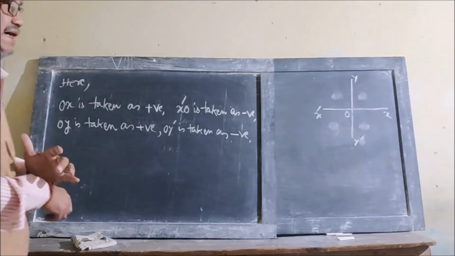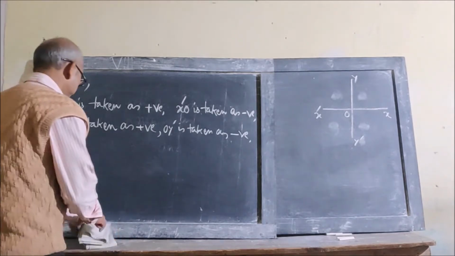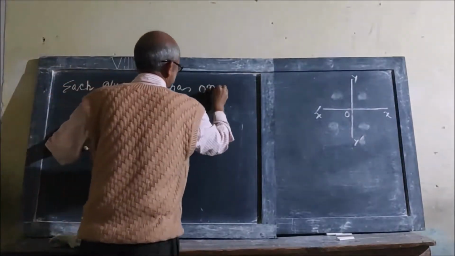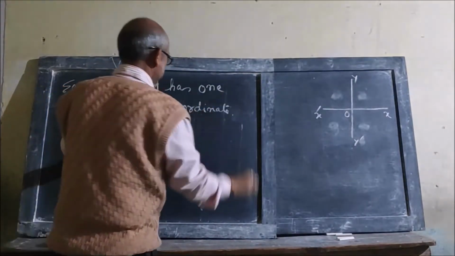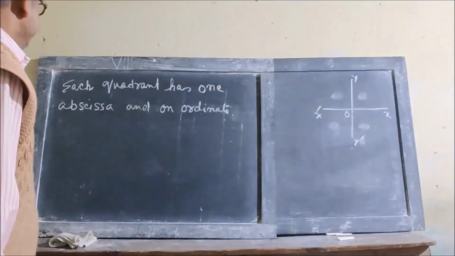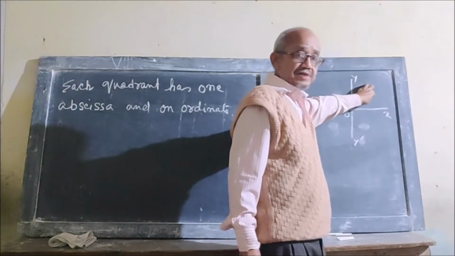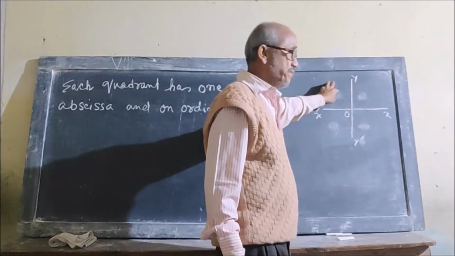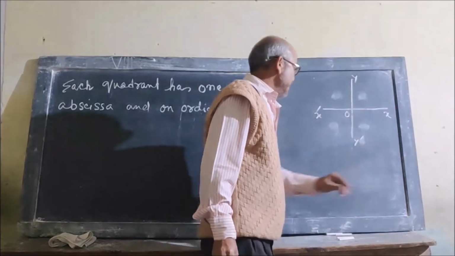For example, this quadrant has one abscissa and one ordinate. This quadrant also has one abscissa, one ordinate. Here is also like this.